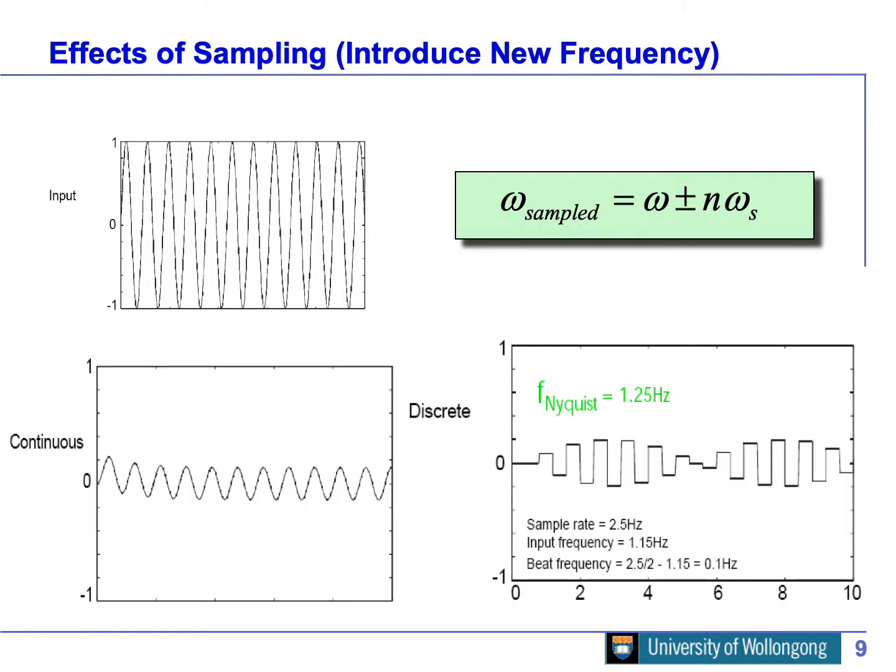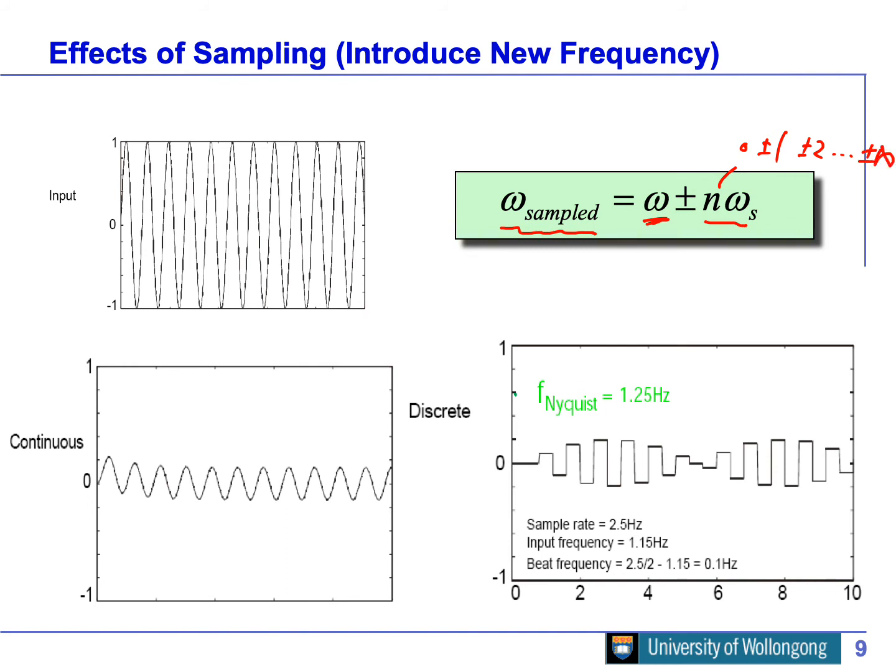So to summarize, after the sampling, our new frequency becomes our existing frequency within our bandwidth plus or minus n times the sampling frequency. So n can go from 0, positive and negative 1, positive and negative 2, until positive and negative infinity.